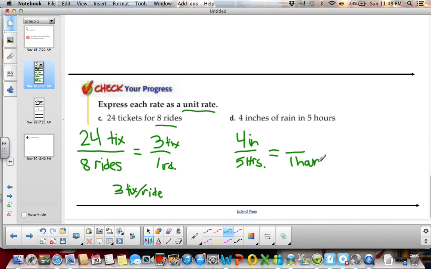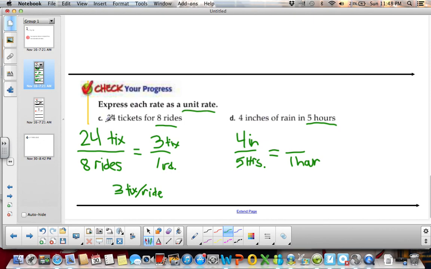And the way that we figure out which one we put in the numerator and which one we put in the denominator, well, we're told that it's per 5 hours, even though the word per isn't in there, but 4 inches of rain for every 5 hours. So that's how we know that that's going to be our denominator, and then we want to figure out the unit rate based on hours.